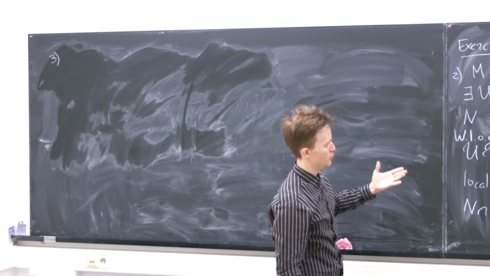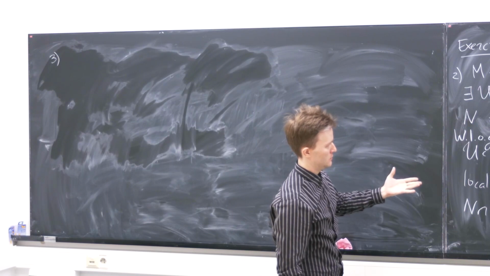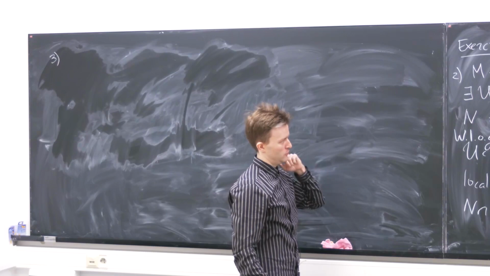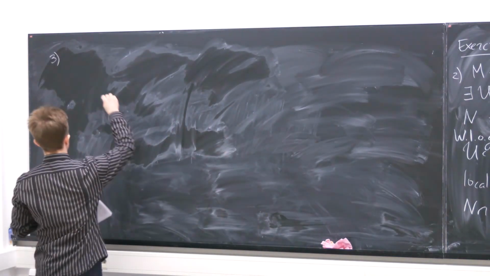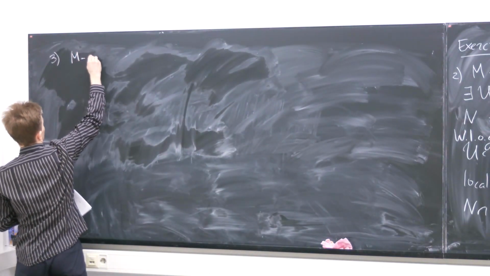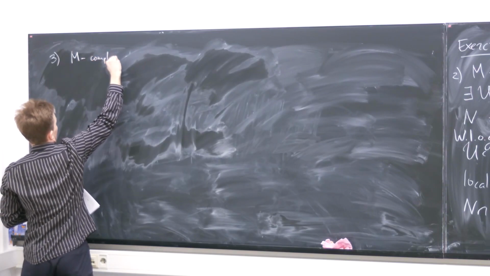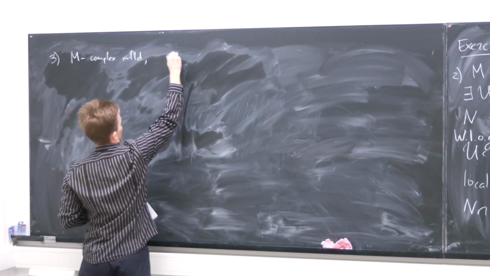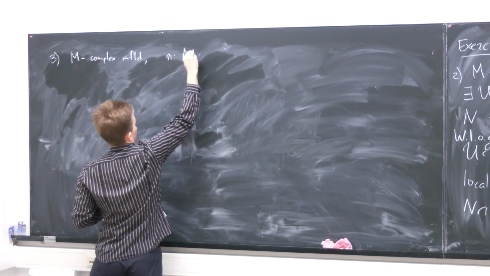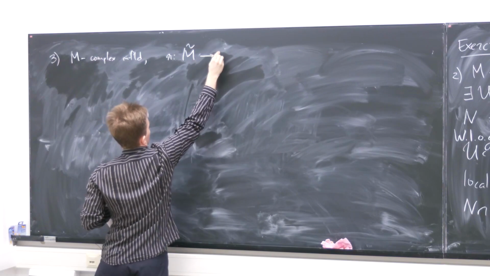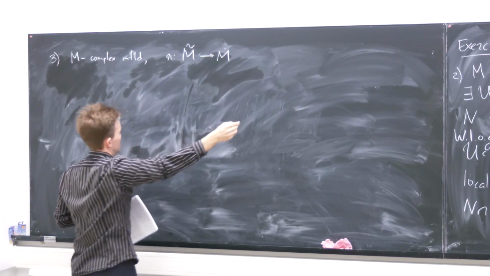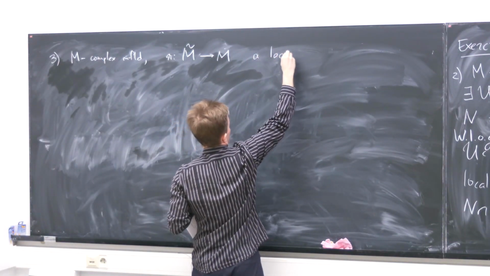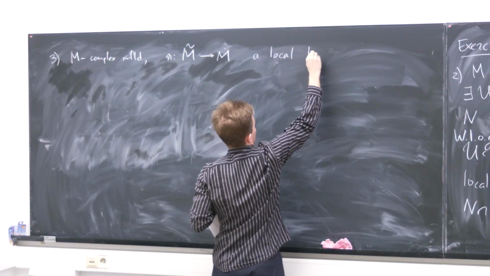If we consider open subsets, they are also complex manifolds, obviously. But more generally, let's say again that we start from some complex manifold M, and then let's take some map from some M tilde to M, which is a local homeomorphism.